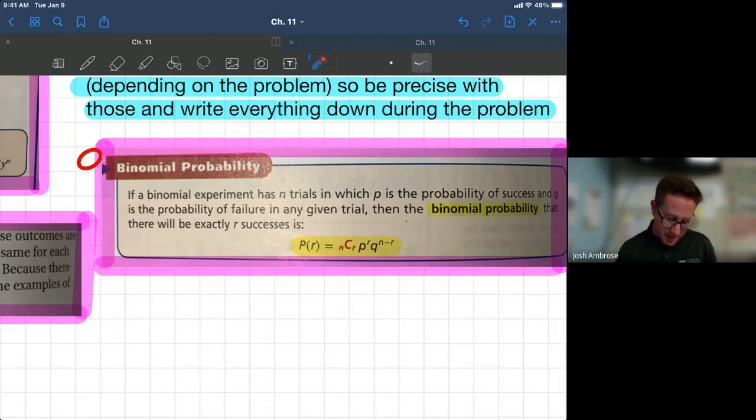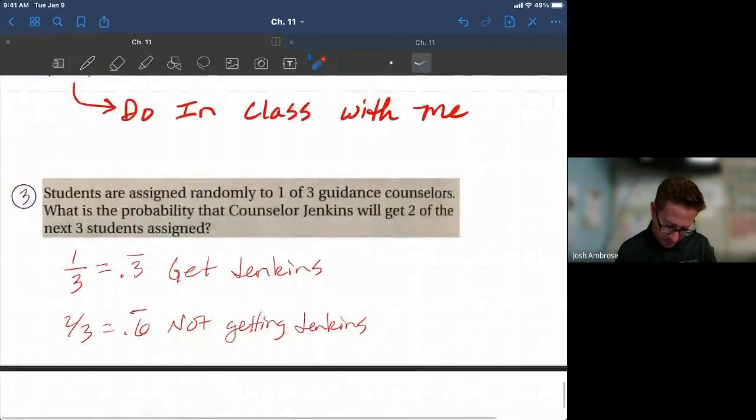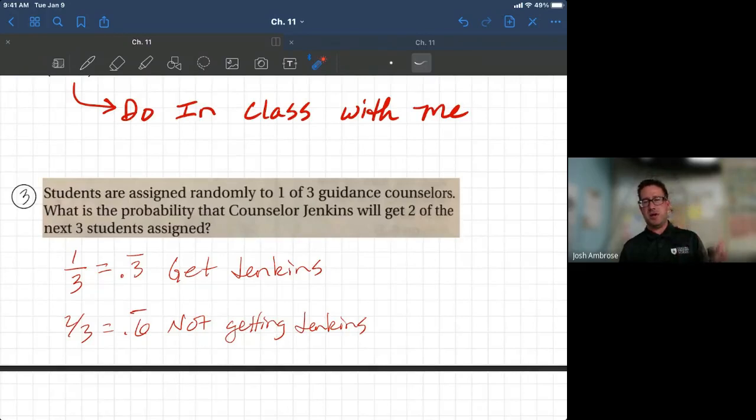Then you have N trials, which means we're going to go back and look at the phrasing here. There's a total of 3 students, right? They're saying of the next 3 students. Yeah, right here. Of the next 3 students. So that's considered to be our trials.